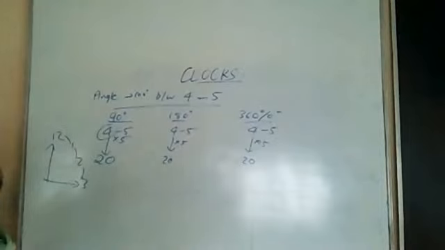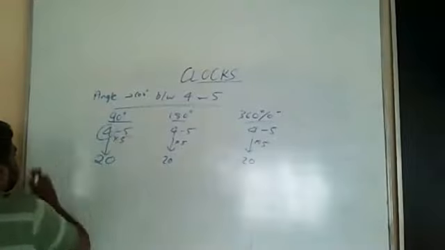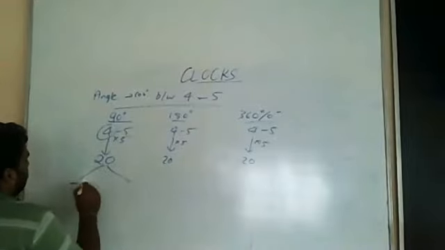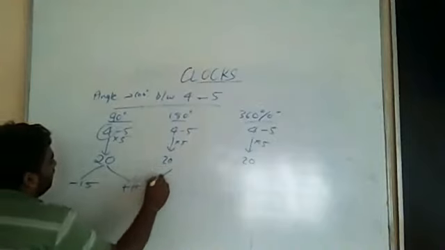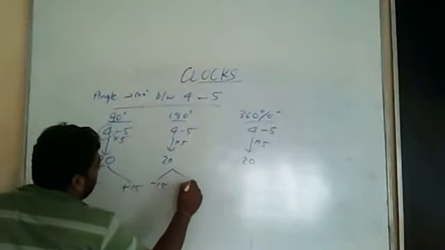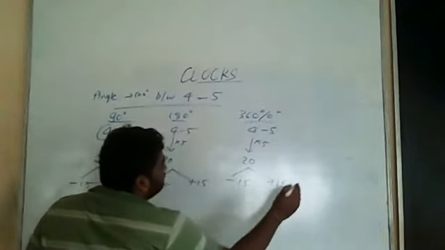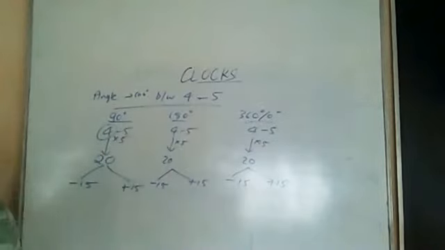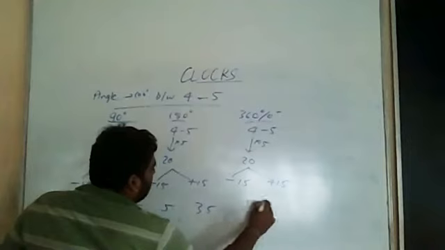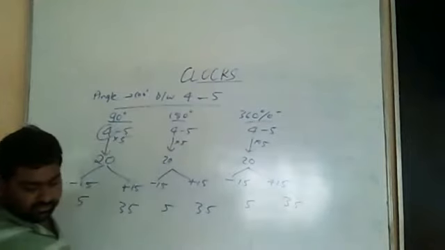Do you understand? Yes, sir. So, what you need to do is subtract 15, add. Subtract 15, add. Fine? 5, 35. 5 and 35. Fine?